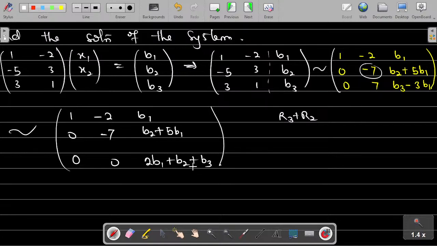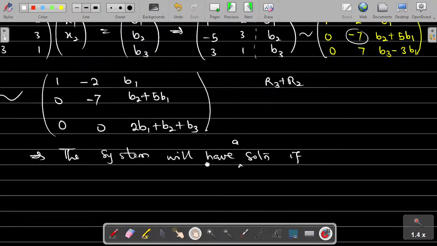So at this point, remember they say we should solve the system, so we have been able to reduce. Assuming there were values for b1, b2, b3, then we would have known how to go about it. But from what we have done, the system will have a solution, that is, be consistent, only if your last equation is true.